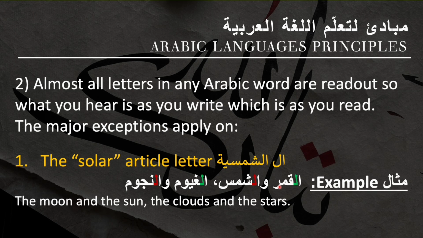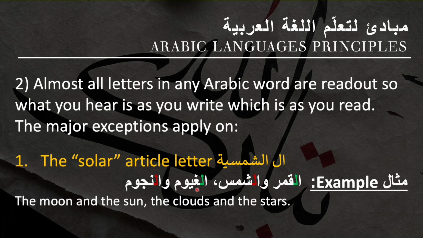But with al-Shamsiyya, we don't pronounce lam, we pronounce only alif, the first letter of it, when it's added to a word. For example, al-Shams, which means the sun. That's actually why they were named the lunar and the solar article letters, referring to al-Qamar when it's pronounced, but al-Shams when it's not pronounced.